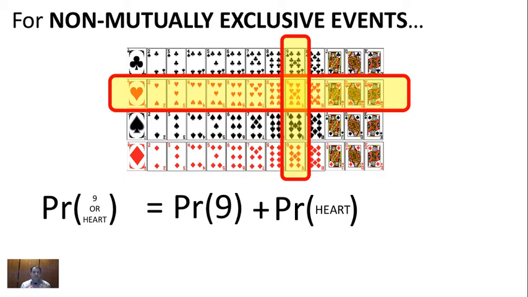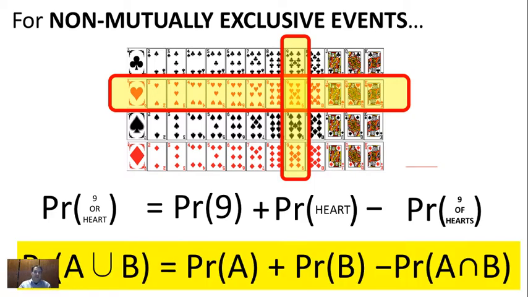There is a possible event that is both a 9 and also a heart. So because of that, we need to subtract the probability of the 9 of hearts, subtract 1 out of 52, so that we don't count that 9 of hearts twice.